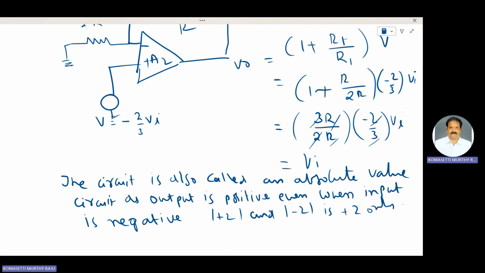It is possible to obtain negative outputs for either polarity of input simply by reversing the diodes.